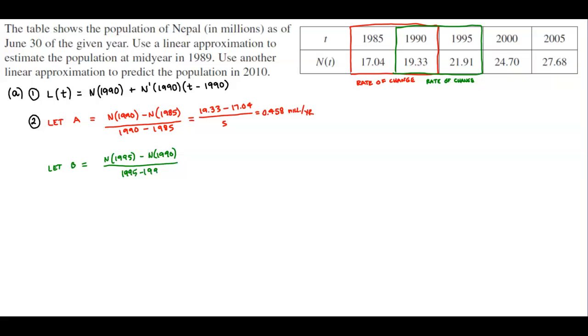And so using the information from the table, we know the output for 1995 is 21.91 minus 19.33, and divide that by 5. And so we end up getting 0.516, and that's million per year.